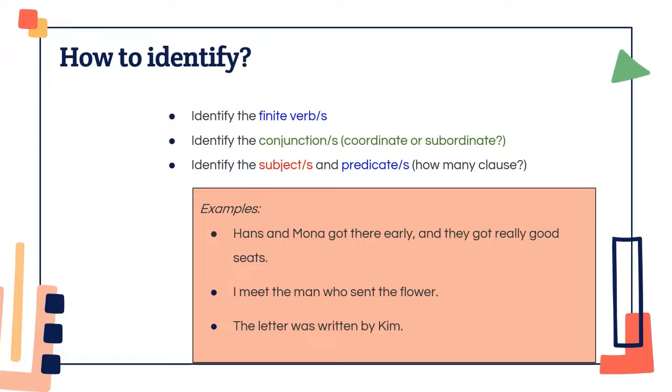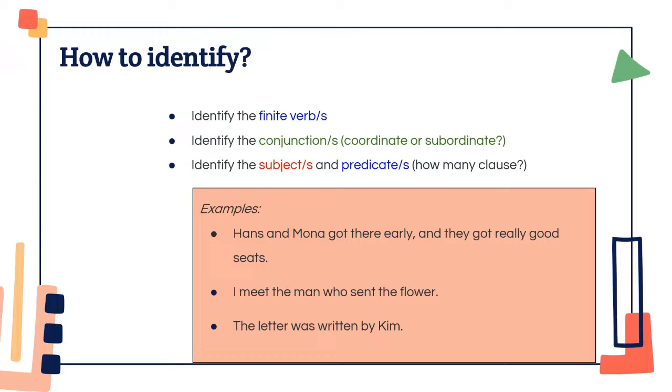If the sentence has a coordinate conjunction, it should be a compound sentence. And on the other hand, if the sentence has a subordinate conjunction, it should be a complex sentence. And the third one is to identify the clauses, or how many clauses are in the sentence, by identifying the subject and the predicate.